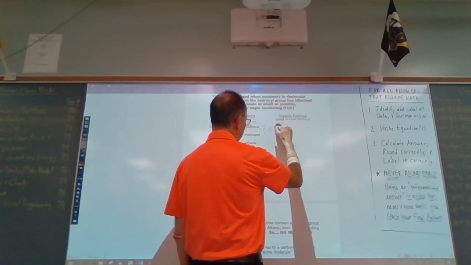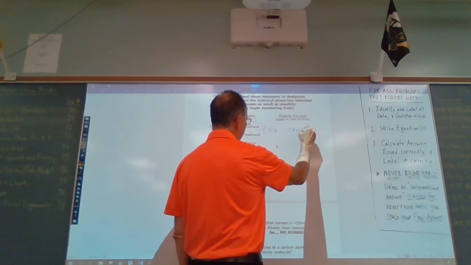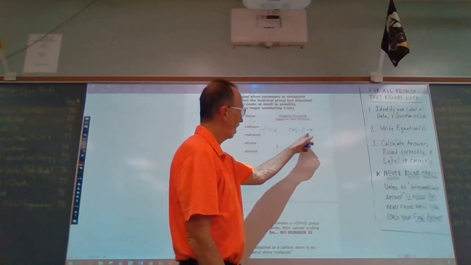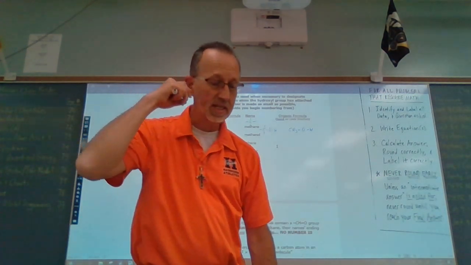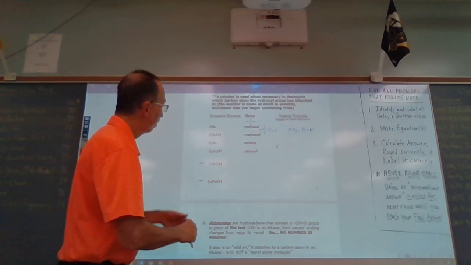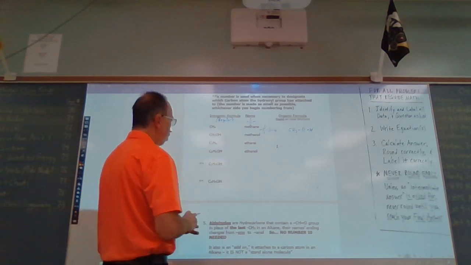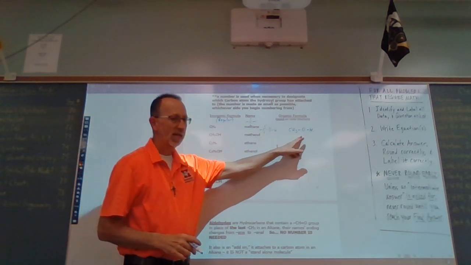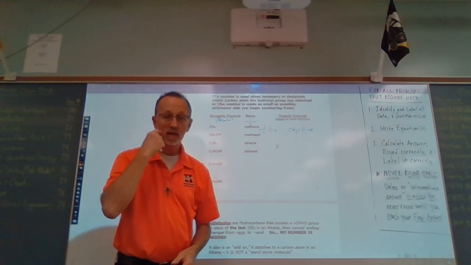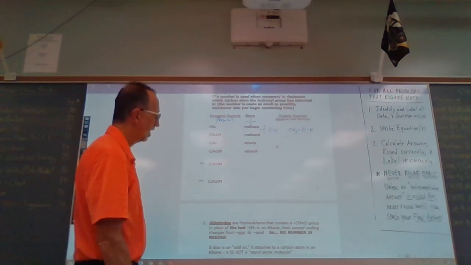Well, it would be CH3, single O. Don't forget those 2 unshared pairs of electrons around that O, and then the H. So this would be CH3OH, which is methanol. Now, your regular formula that you would use in a chemical equation would eliminate the bonds and the dots from that abbreviated Lewis structure. It would just look like CH3OH.